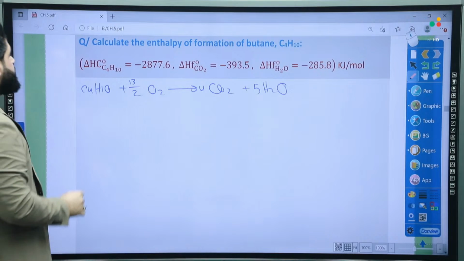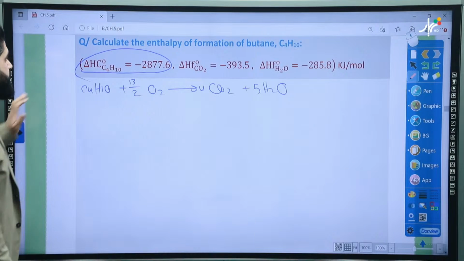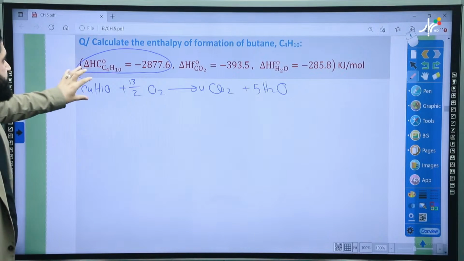Now, then get delta H for this reaction. So we have used delta HC.